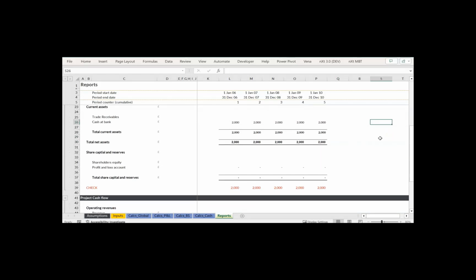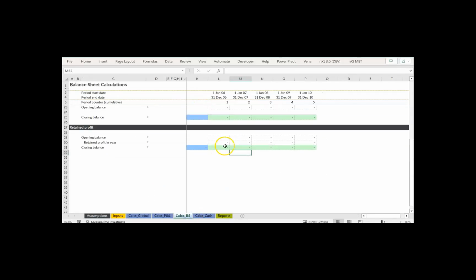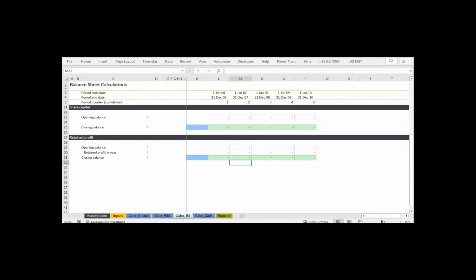On our balance sheet, we have a check to ensure that the net assets are equal to our total equity. At the moment, you can see that this doesn't balance, and there is a £2,000 difference. Let's set up the shareholders' equity to get this to balance. The control account for share capital is very simple, as we are assuming there are no shares being bought or sold, so there is no movement in each period.